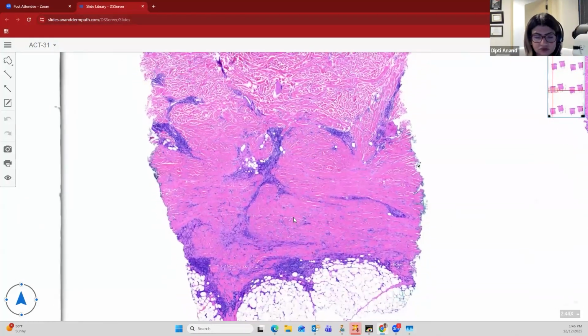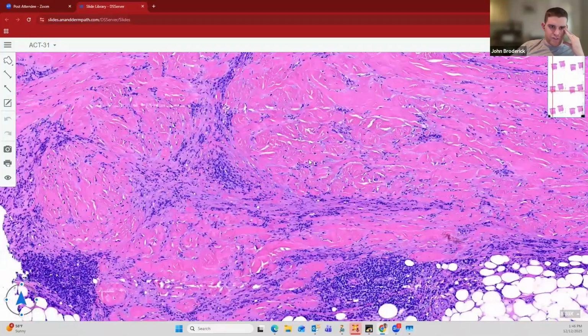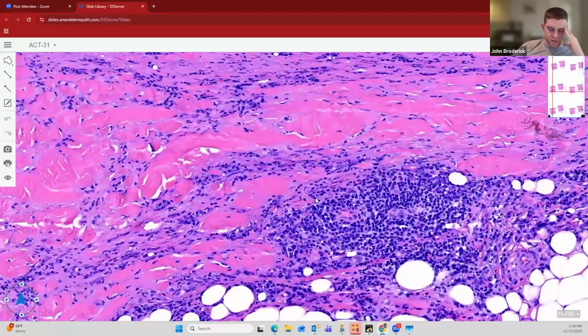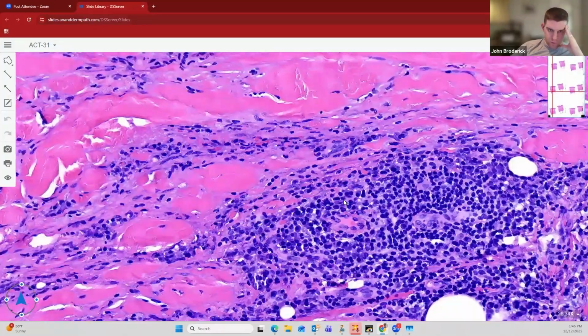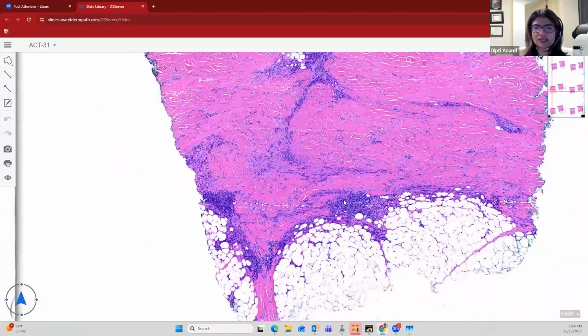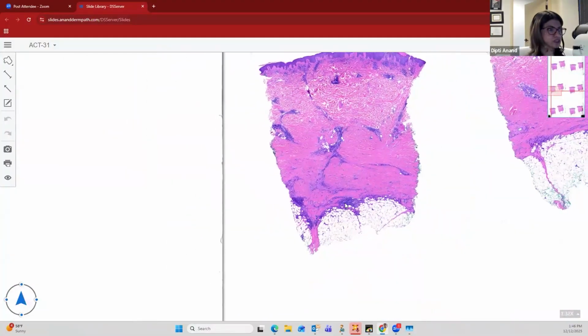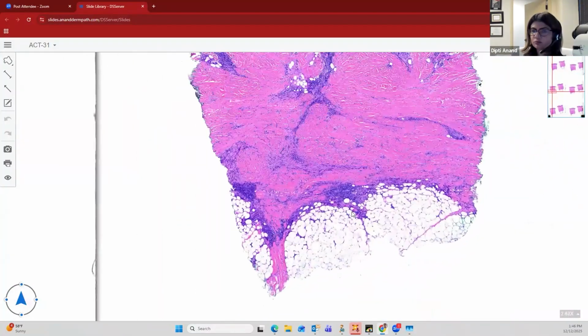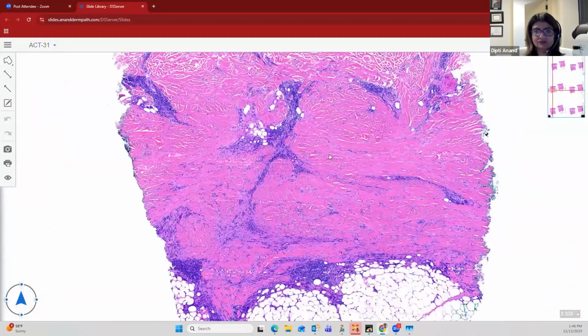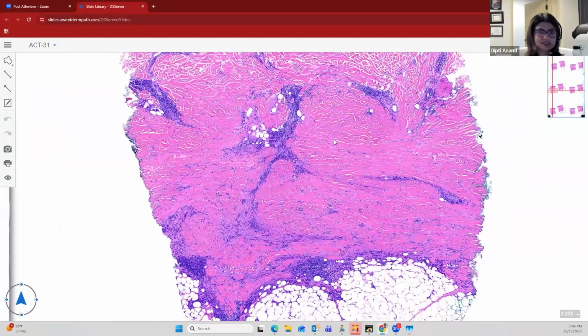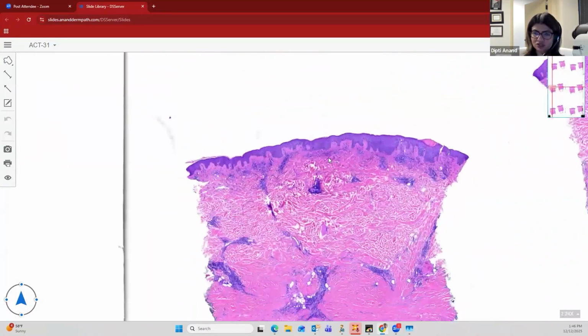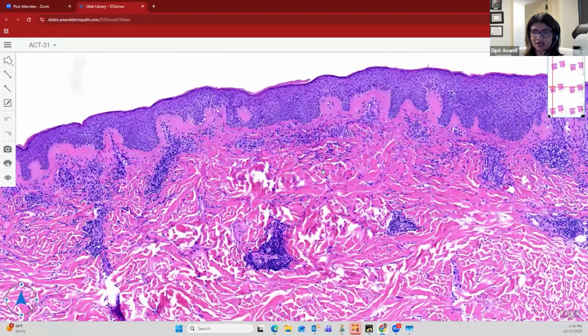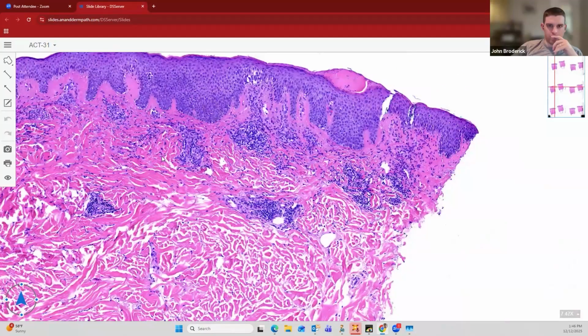Say that again? I just thought there was a lot of lymphocytic infiltrate in this one compared to the other past slides we saw for morphea. You cannot distinguish it based on the lymphocytic infiltrate, so there can be both. This is in a very active inflammatory stage of morphea. There's another unusual finding in this: this patient has superimposed contact dermatitis. Do you see that? Yeah, I think that's what threw me off.